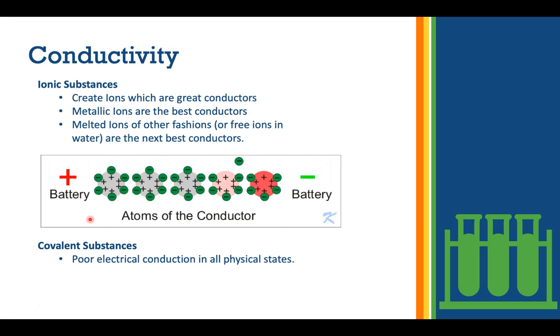This is an example of what a battery is like on the inside. You have atoms of the conductor, okay? So what happens is this is the negative end. What does that mean? Well, that means that this has the most electrons, right? And this is the positive end, so that has the least amount of electrons. So in order to balance itself out, these electrons are jumping over.